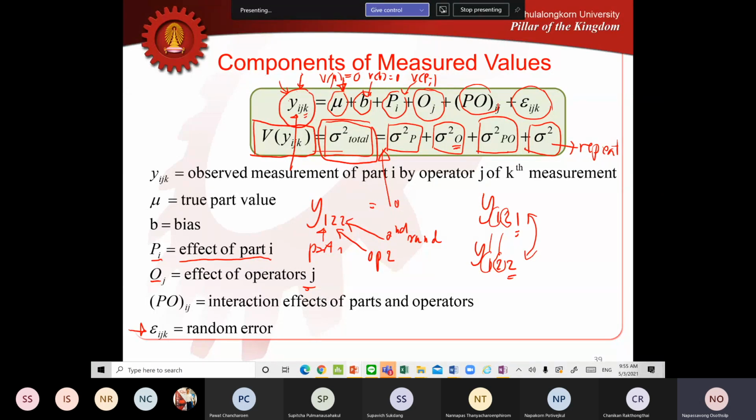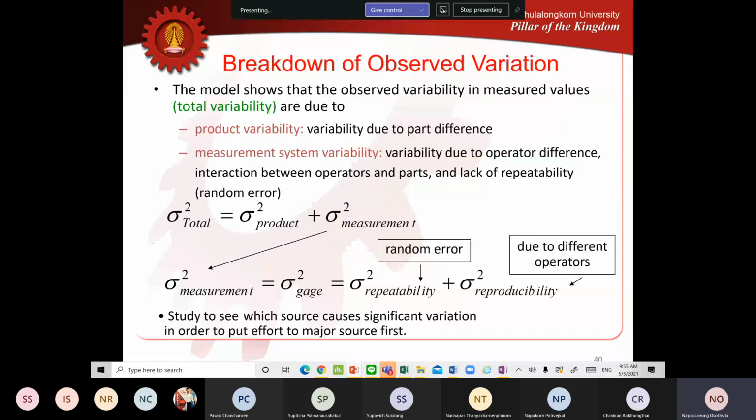And then if I rewrite it in this slide, we will see that the variance total that we observe in the data set comes from 2 main sources. The first one is the variation of the part or product, and the second part comes from the measurement system.